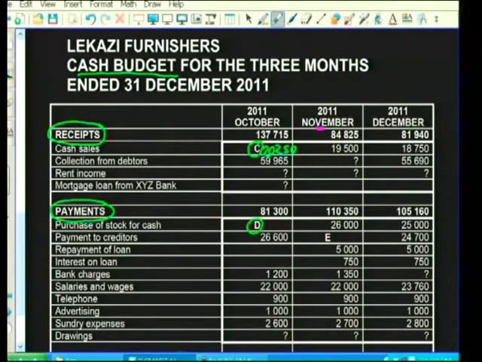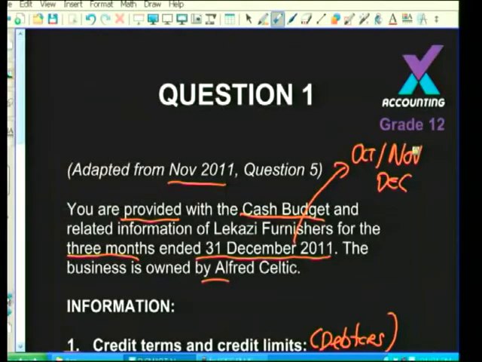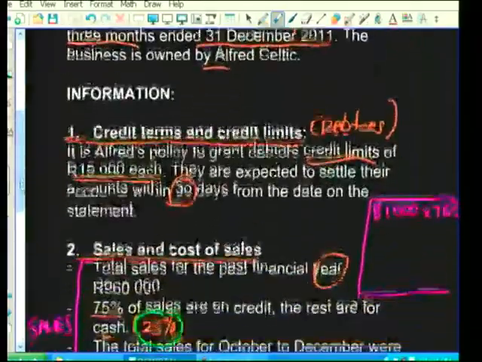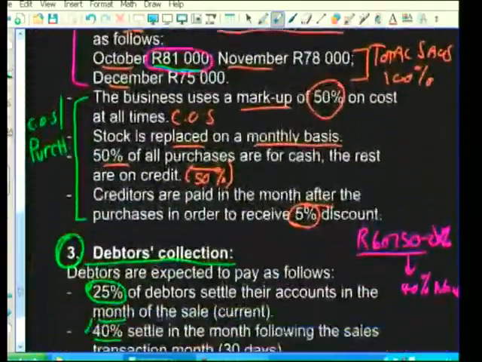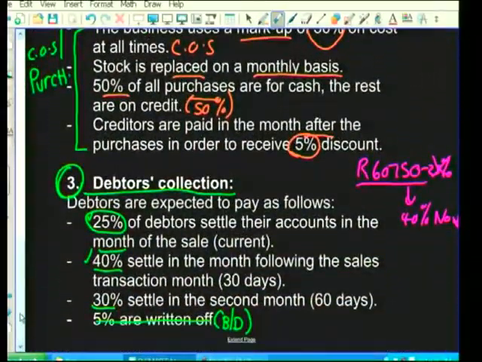Okay, D, there we go. D represents purchase of stock for cash, and it represents the month of October 2011. Right, so remember, guys, we're now dealing with purchase of stock, not sales anymore, but purchase. So let's find our info that is going to help us to calculate this. Okay, purchase of stock.